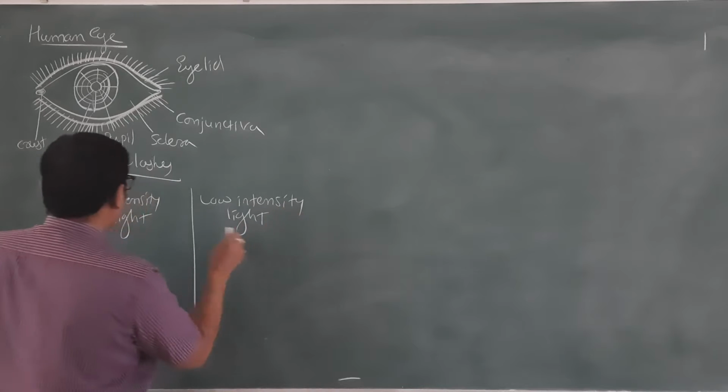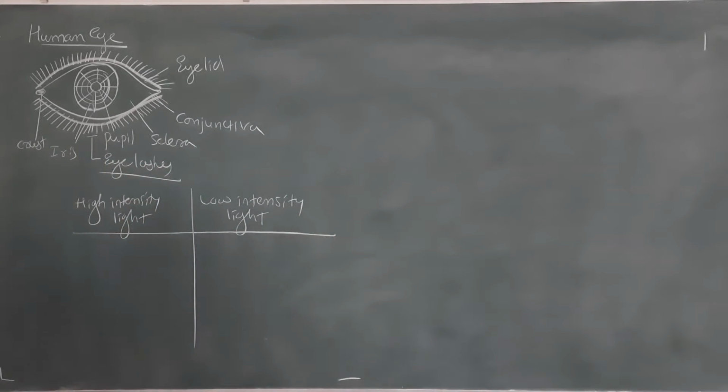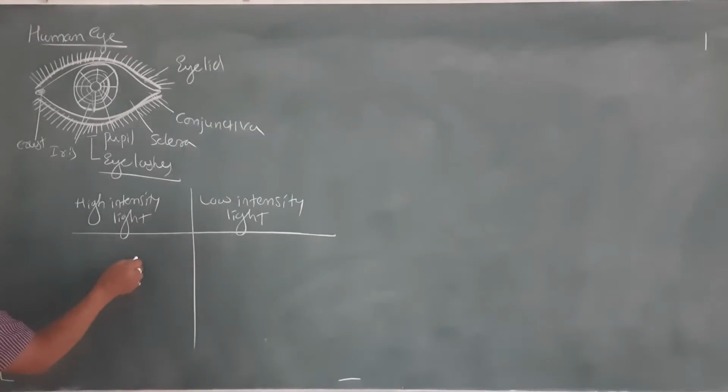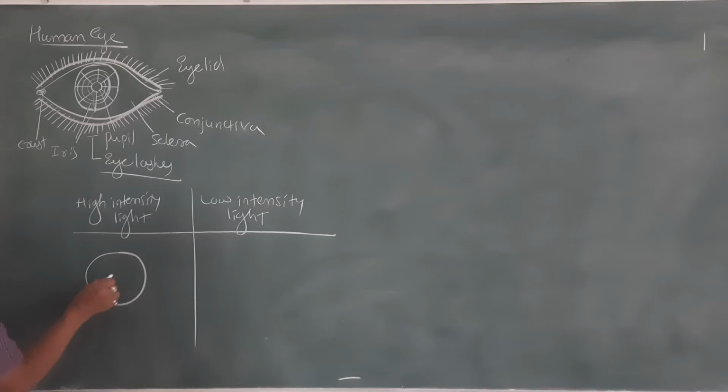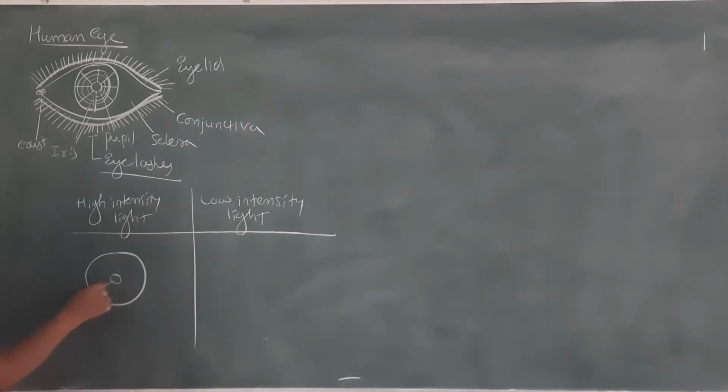In both cases, the structure of the pupil changes. In high intensity light, the pupil becomes very small and narrow. How is it possible?